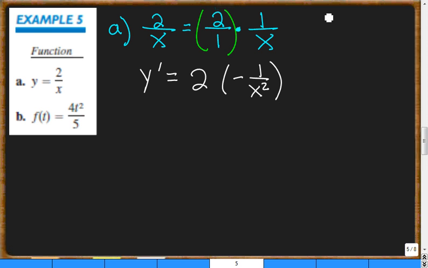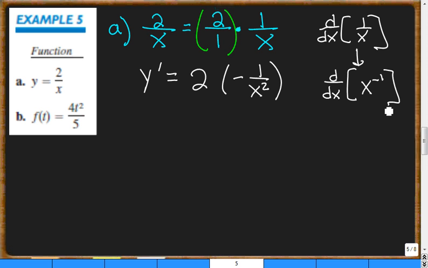So again, just to show you how this works, this is the same thing as the derivative of x to the -1, which is -1 times x to the -1 minus 1, which gives you this up here. So the 2 is going to ride its way down. So you don't even have to consider it, just move it to the outside.